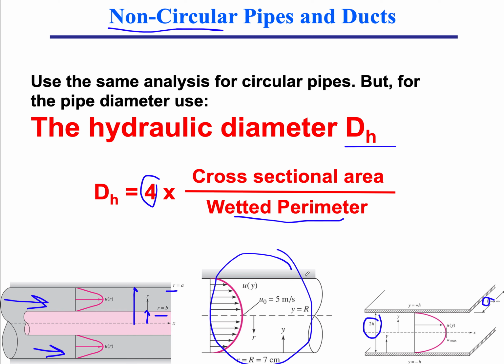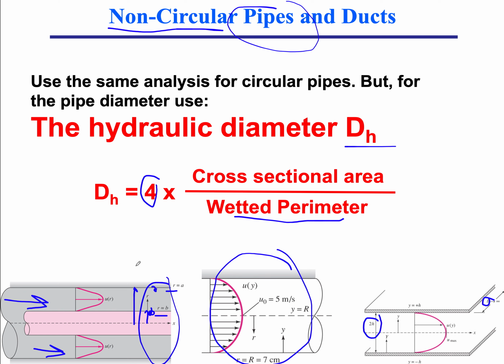If you take a cross-section of your non-circular pipe or duct, you see where your fluid is touching. So it's touching here and here, and you take the length of that. So that's the perimeter. Let me explain this a little bit more.